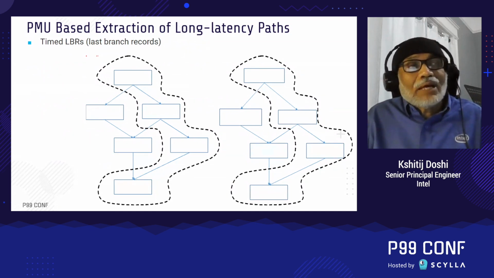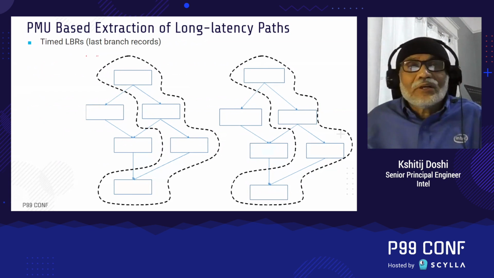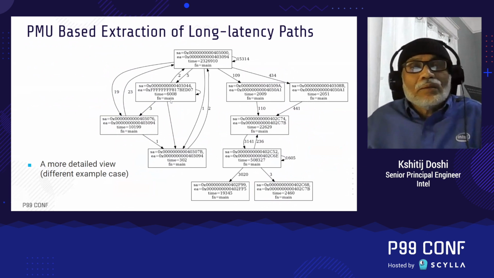how time dilations occurred across these different paths. And so one can set up a sampling type of event-based sampling technique, so that one can collect a kind of path graph that is annotated with the total amount of time delay on a statistical basis that builds up along a particular path.